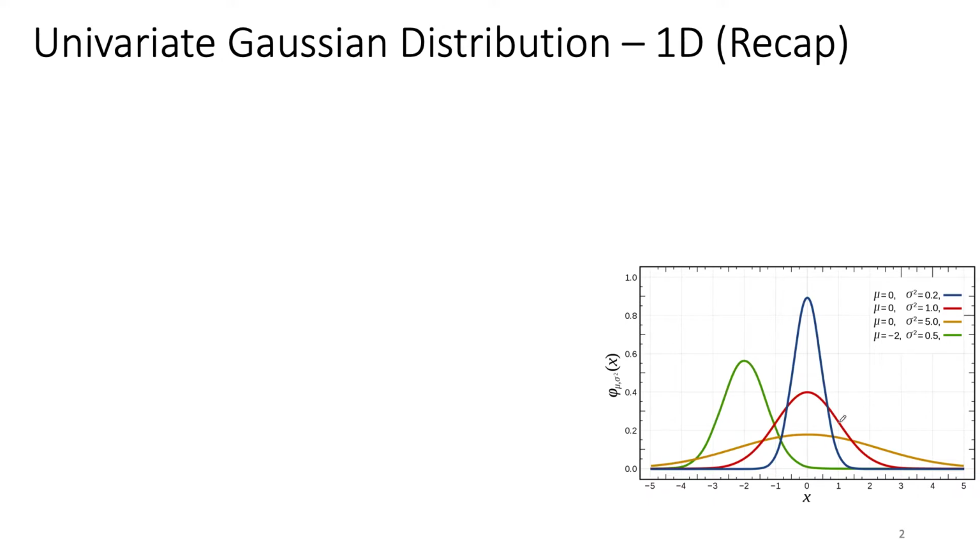I'm talking about this one, the red here. It's equal to 0, right? In this case, on the green line, you have your mu at minus 2. That's why minus 2 has the highest value.